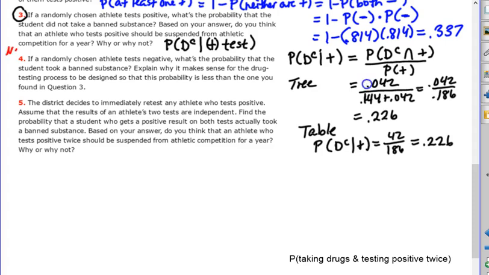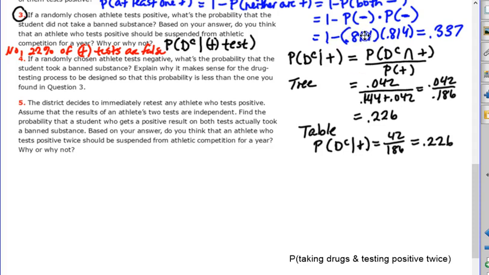So I'm going to say no. 22% of positive tests are false. So I would say no, we shouldn't suspend athletes. I think that you should do some further investigation before you do any suspensions here.